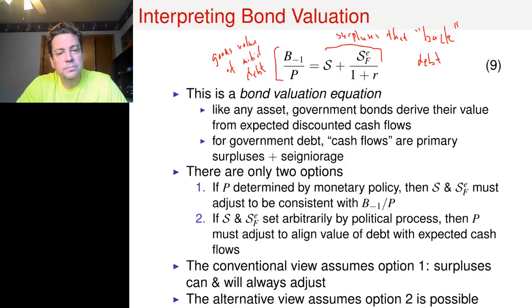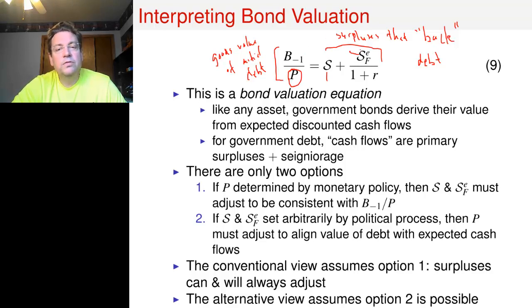That's the curly S. Now, there are really only two options for how equation 9 is going to hold. One is that if the price level gets nailed down by monetary policy, then these two things have to be endogenous and they have to adjust in order to be consistent with whatever the price level is that monetary policy is determining.